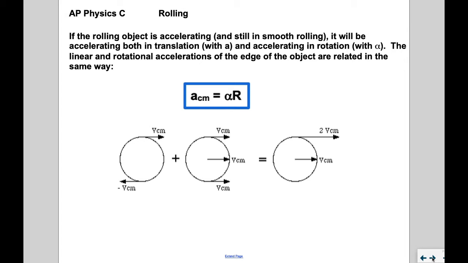So the linear acceleration of the object, a sub cm, equals alpha times r in cases of smooth rolling. We also find that the same relationship applies to the top of the object here. This point instantaneously would have a linear or tangential acceleration equal to 2 times a sub cm.